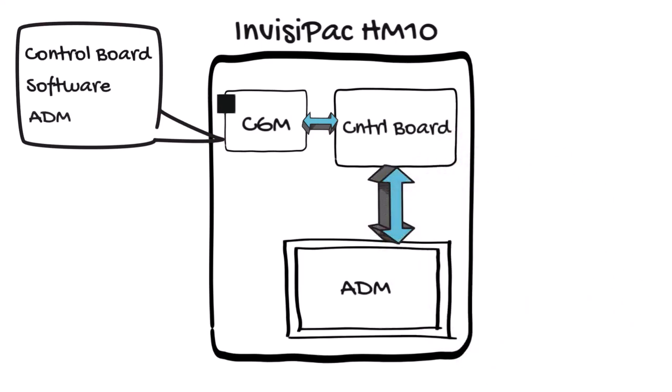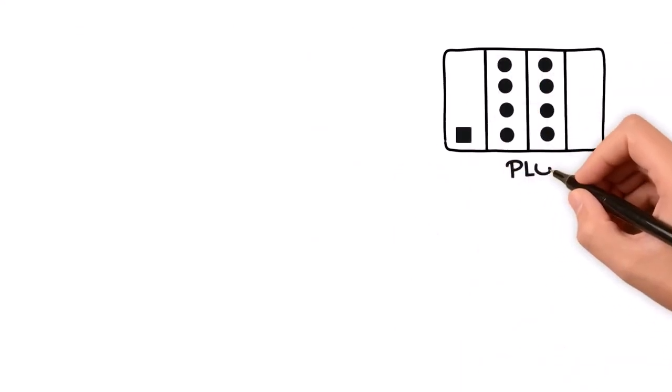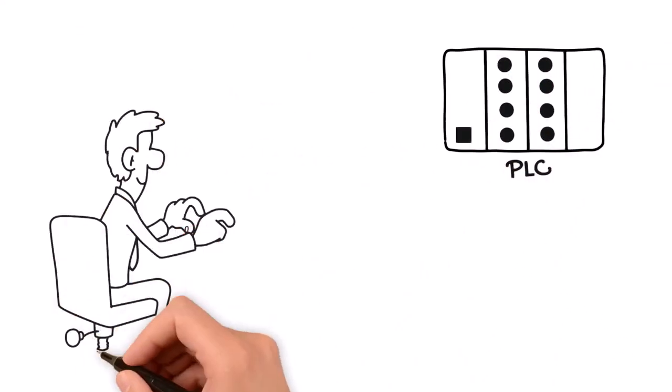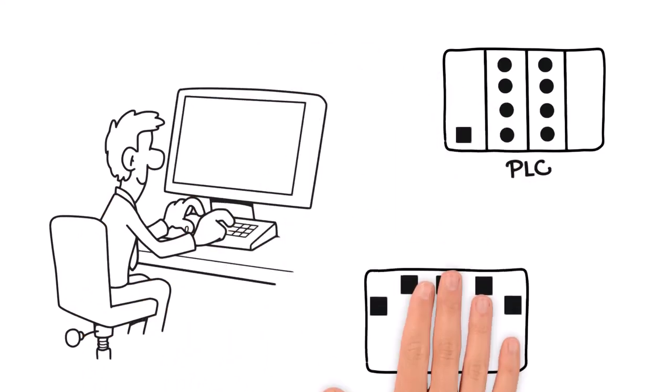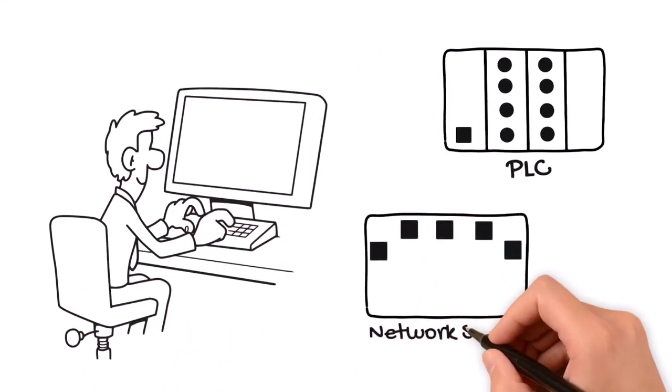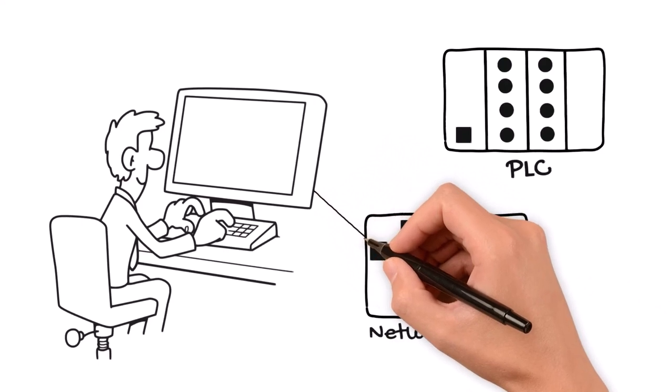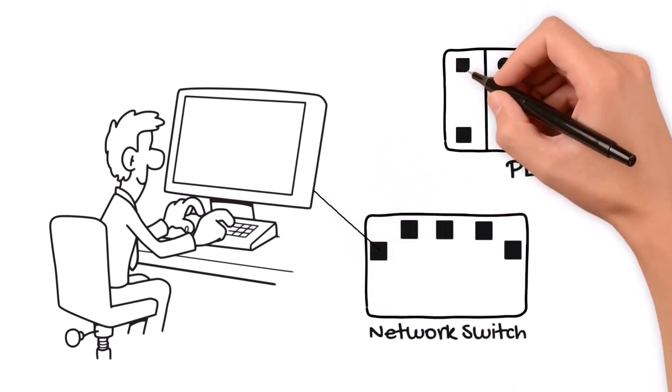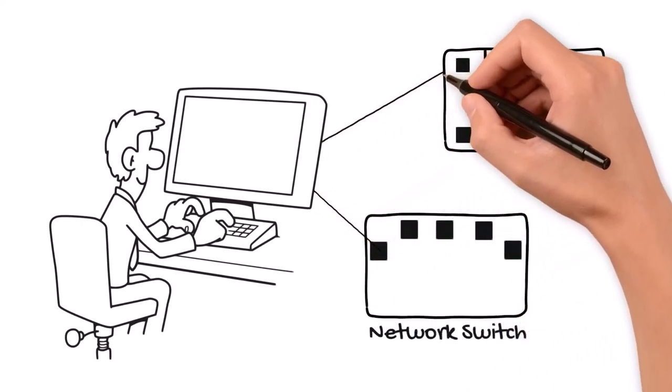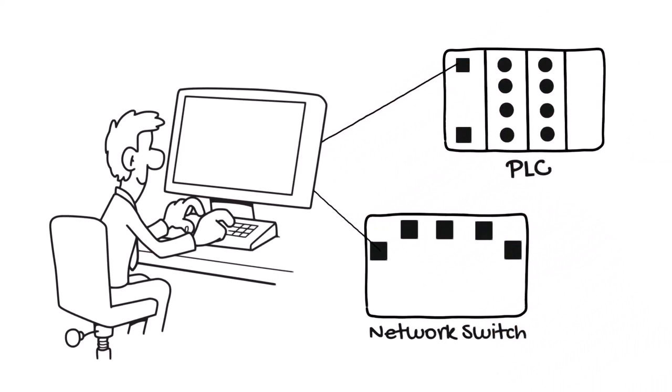Now that we've laid out how an entire system communicates, let's get back to the PLC program. A PLC programmer uses a computer that either communicates through the same network switch or is connected directly to the PLC and PLC software, typically provided by the PLC manufacturer, to write a program that runs on the PLC.